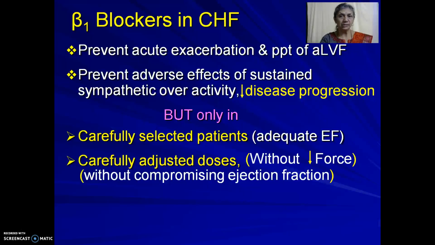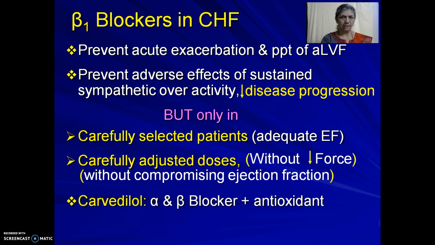Earlier, before this role of sympathetic overactivity and therefore beta blockers was realized, beta blockers were considered absolutely contraindicated in patients of congestive heart failure. So only by using these two strategies, choice of patients and careful adjustment of dose, we can use beta blockers in management of congestive heart failure to prevent sudden exacerbation and prevent the chronic adverse influence.